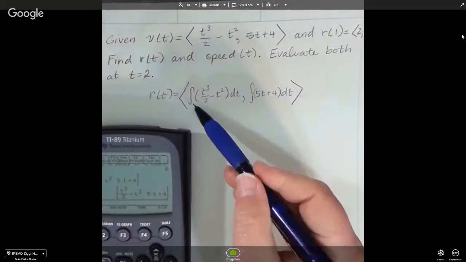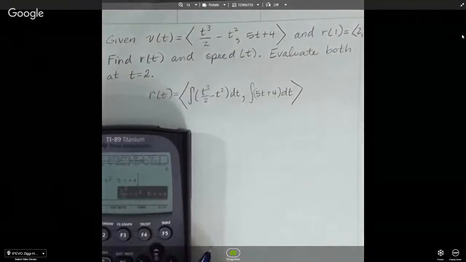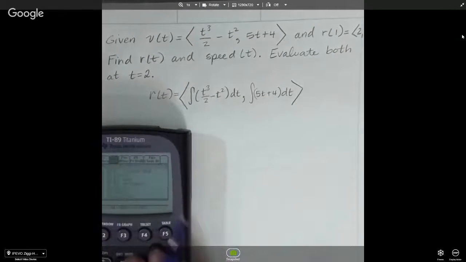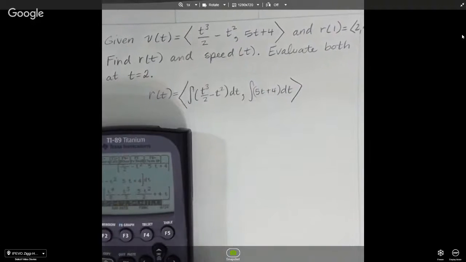And now I'm going to integrate it. How do I integrate it? I'm going to go up to the F3 menu, choose integrate, and then grab the velocity vector. I'm going to integrate it with respect to time. So I have to go comma t, because I've got to tell it what I'm going to integrate with respect to. And then I'm going to close the integral, and there we go.